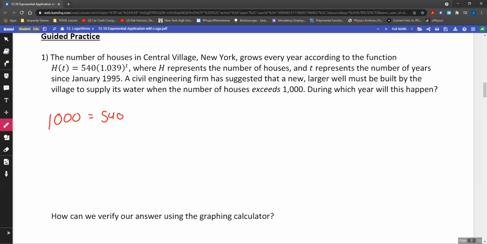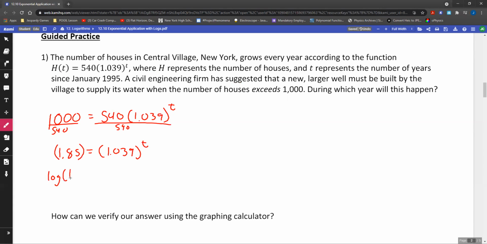So I put 1,000 in for H. Do my same setup, isolate the variable. I get 1.85, take the log of both sides.